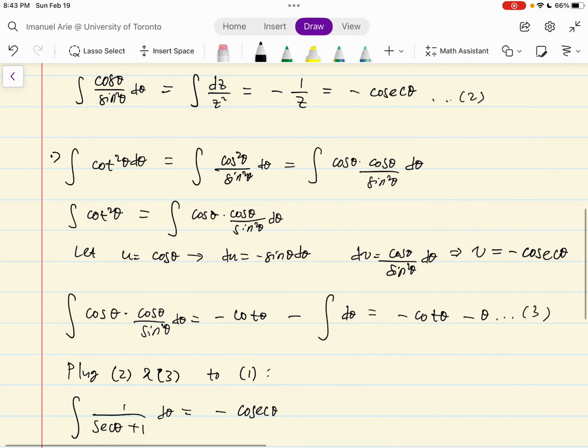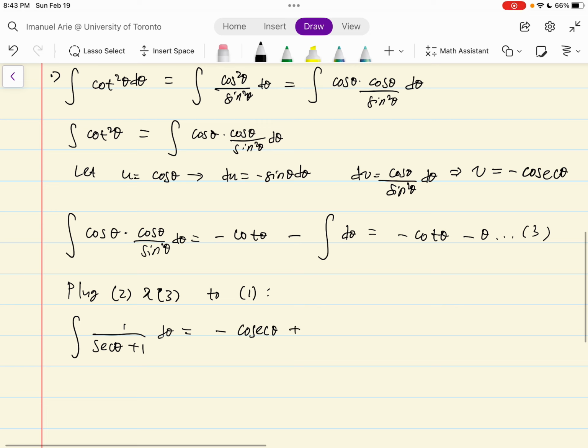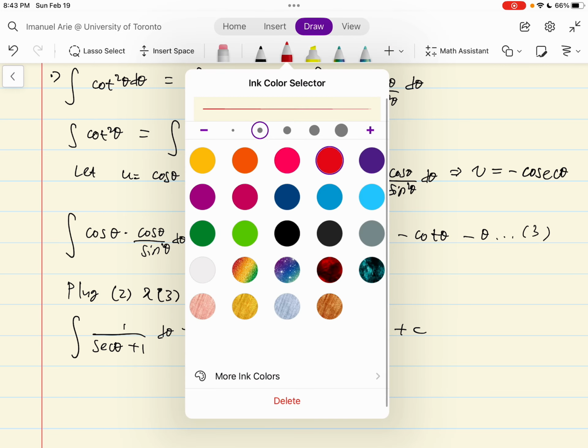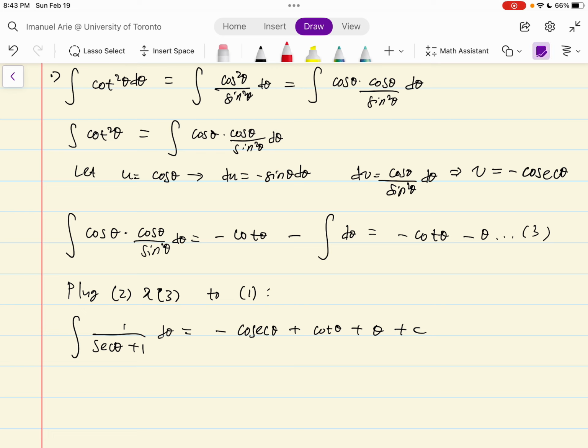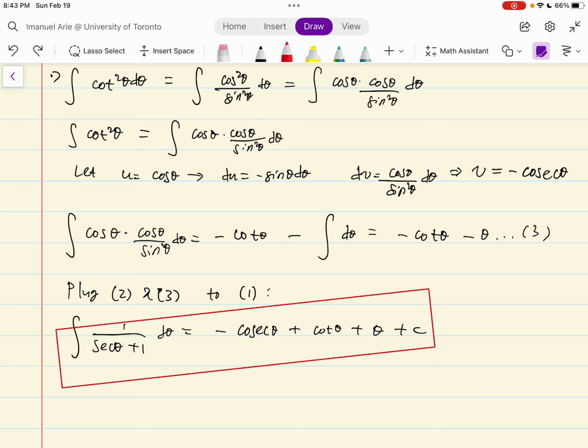Yeah, and plus cotangent theta plus theta plus c. Don't forget the plus c because we are doing an indefinite integral here. Never forget that. So there you go. This is our answer.